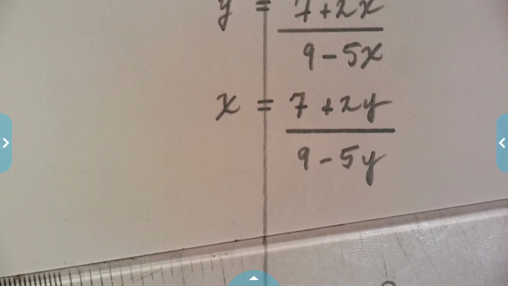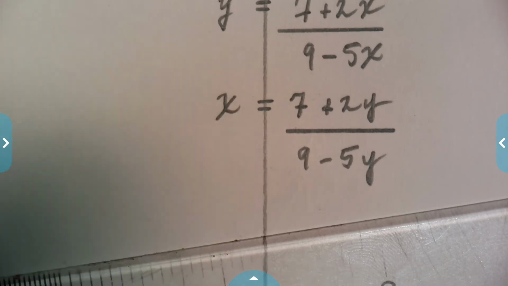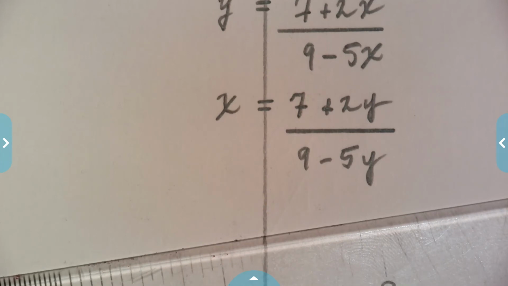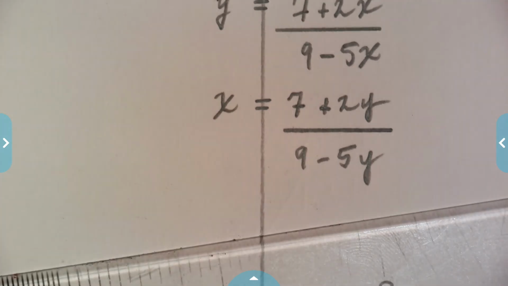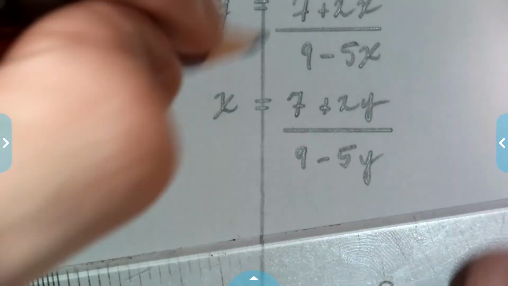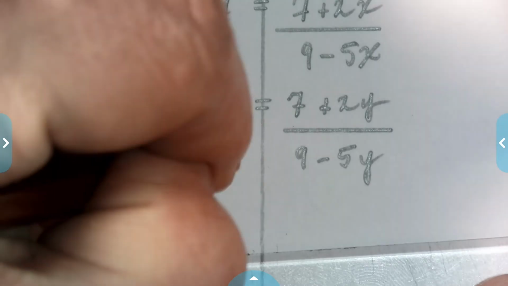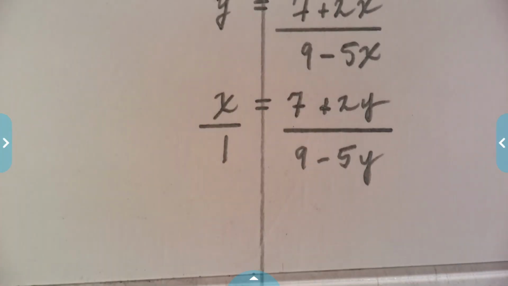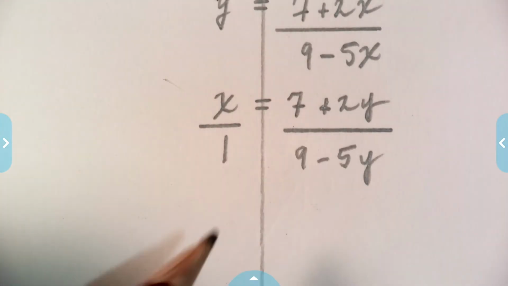All right, now how should we proceed? Well, we're going to have to multiply these terms together. For example, I think there's a way we could write that x over 1, right? And then we could do the butterfly thing.